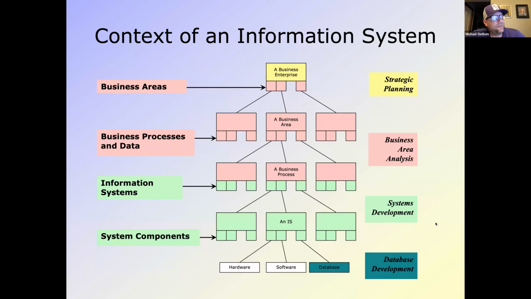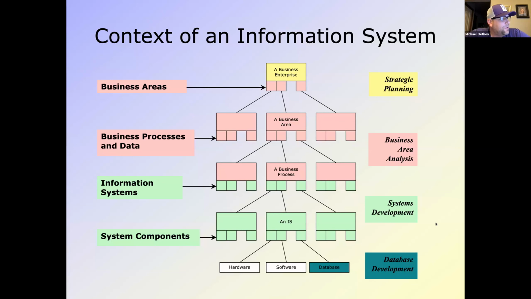If we go down a little further and look at those business areas, each of those areas has different processes and ways that they handle the data. Each of those business processes will have its own take on an information system, because those information systems will have different functionalities to support those different processes.